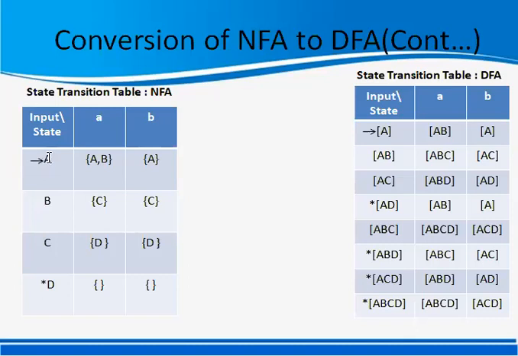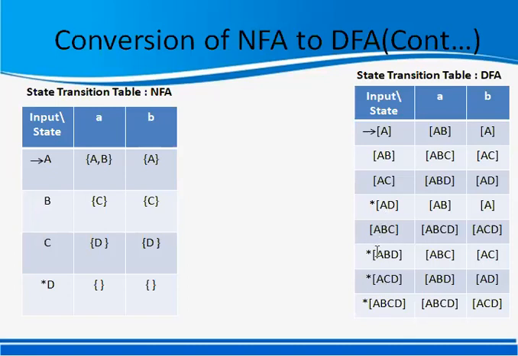Here state A is an initial state. So in DFA also state A will be initial state. Here state D is a final state. So all the states here containing state D will be final. So we can see state AD, ABD, ACD, ABCD contain D. So these will be final states.